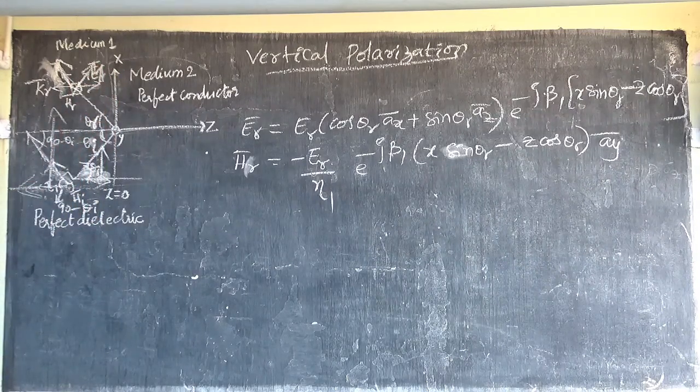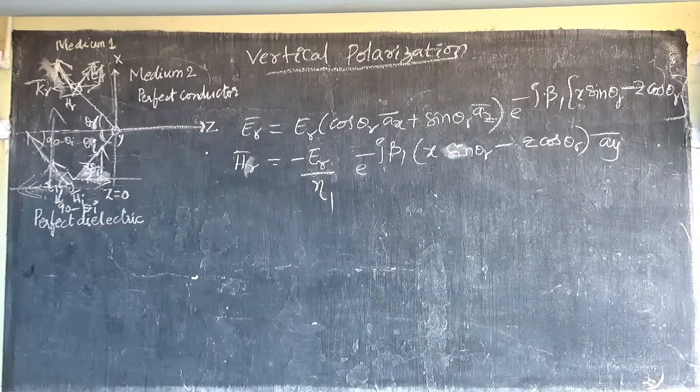So only my x components will pass through the boundary. So at z equal to 0, the tangential component of the electric field intensity must be 0. I said 0 because nothing is transmitted, so whatever is incident, that is coming back.